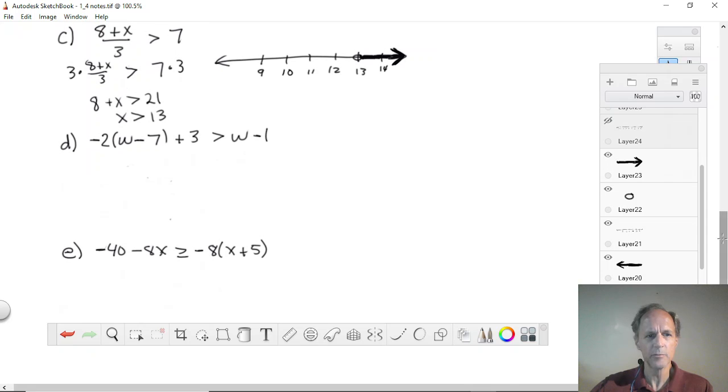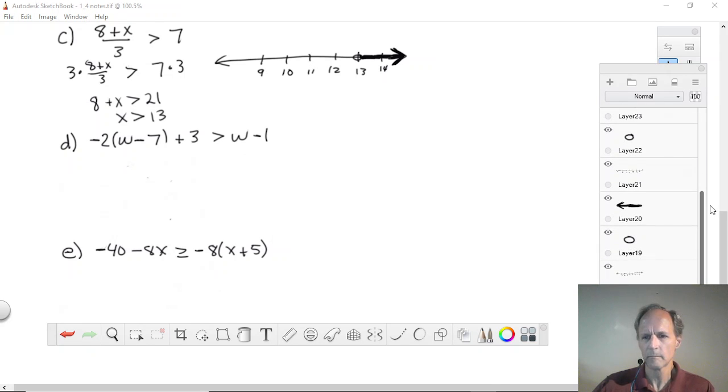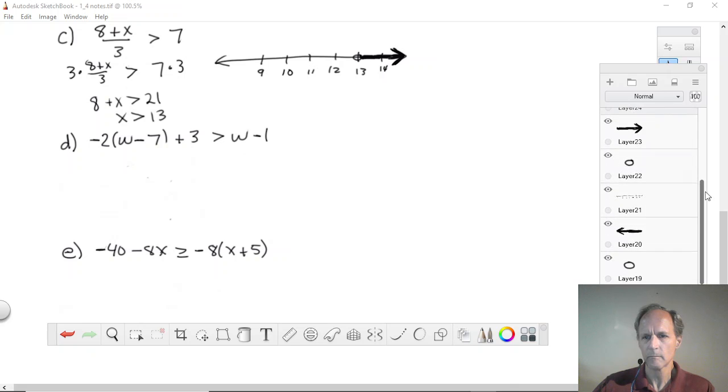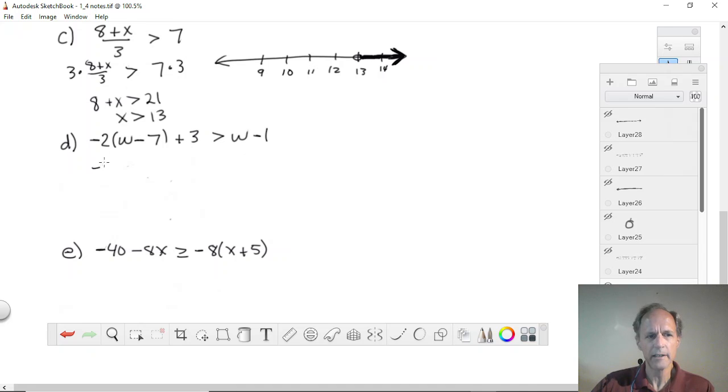Okay, so this one has a few more steps. First thing we do is distribute, of course. So it's negative 2w, negative 2 times negative 7 is 14, plus 3 is greater than w minus 1. Oh, I wrote 4, should be 14.